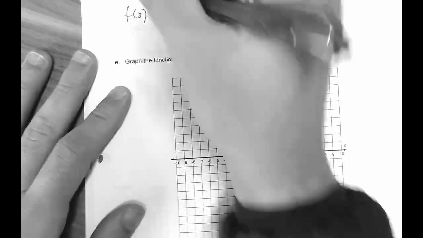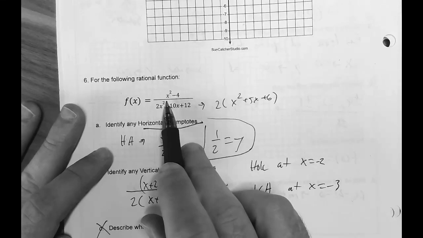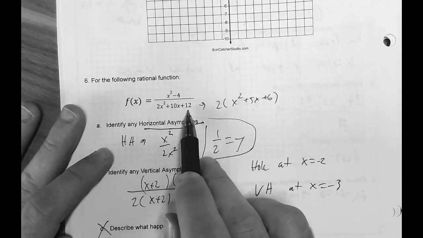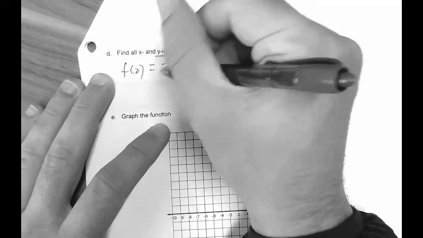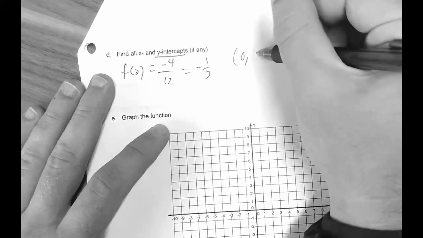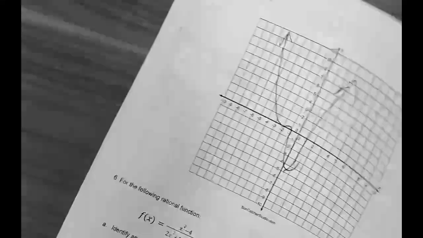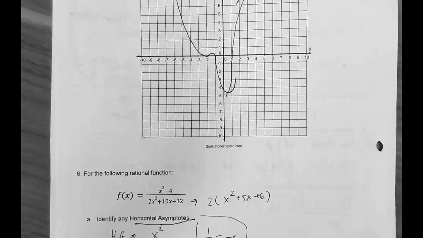So again, for y intercepts, you're just going to find f of 0. Plugging a 0 into this, we're going to get -4 on top over 12. So we need -4 over 12, which is -1/3. So (0, -1/3).